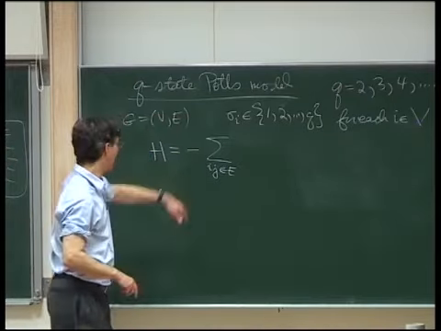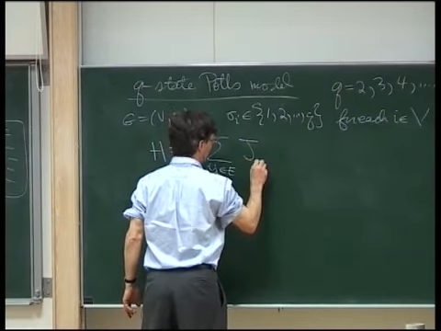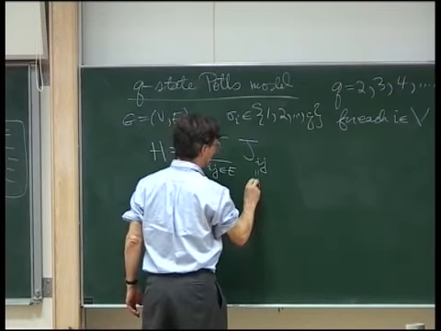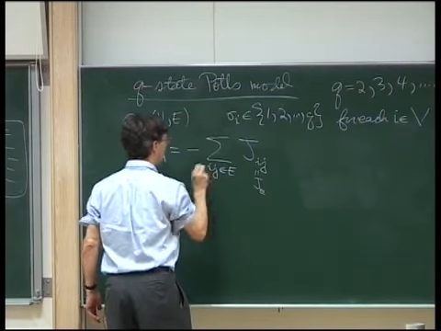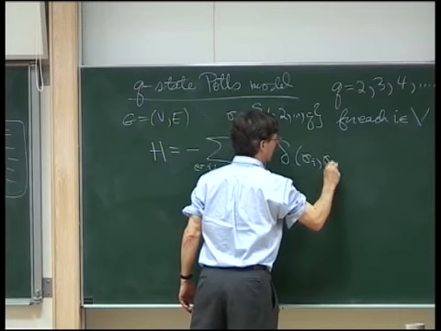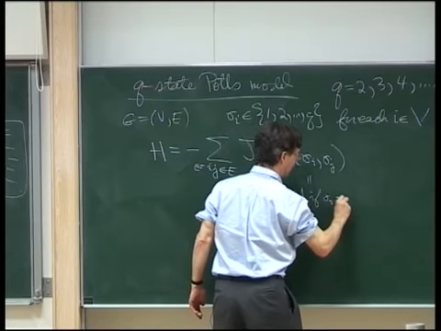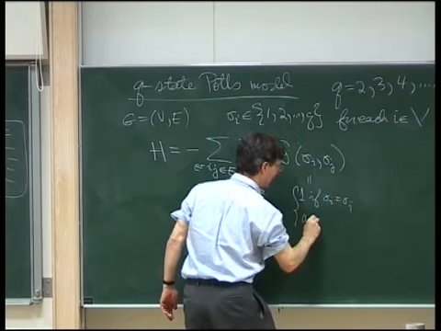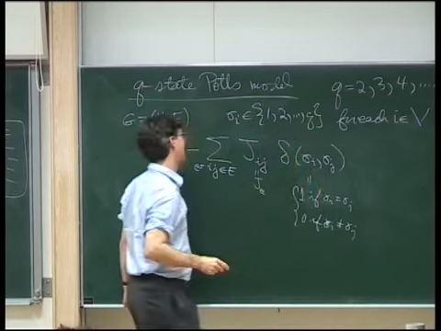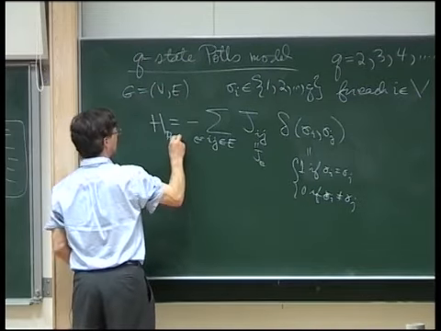So let me just write it as if it were simple. Then there is a coupling J_ij, or J_e if you call this edge e, times delta of sigma_i sigma_j. This is the Kronecker delta: it's 1 if sigma_i equals sigma_j, and 0 if not equal. That's the Potts Hamiltonian, H_Potts.